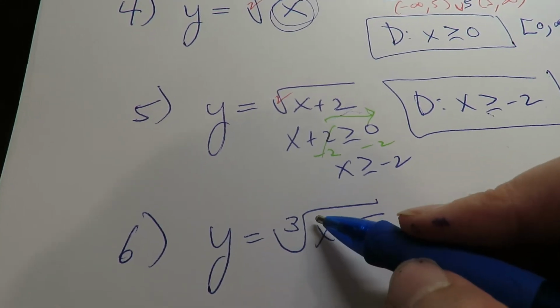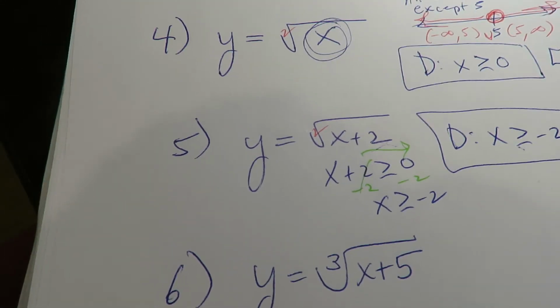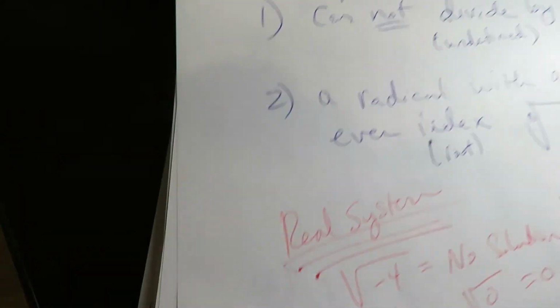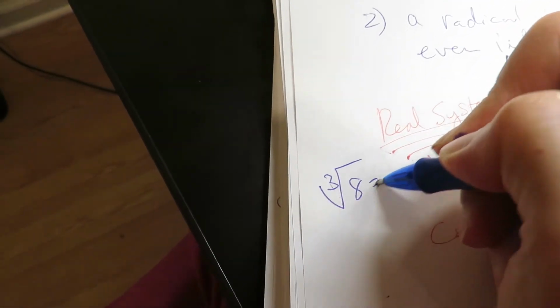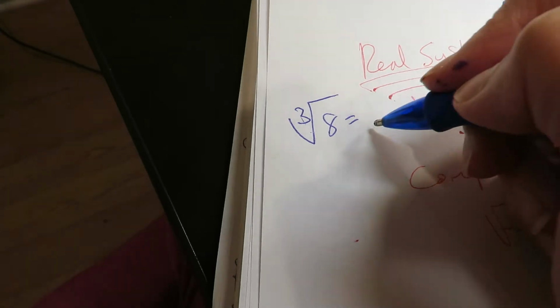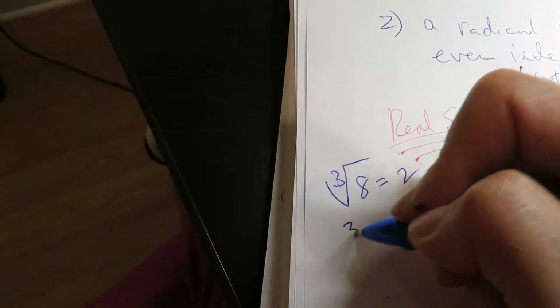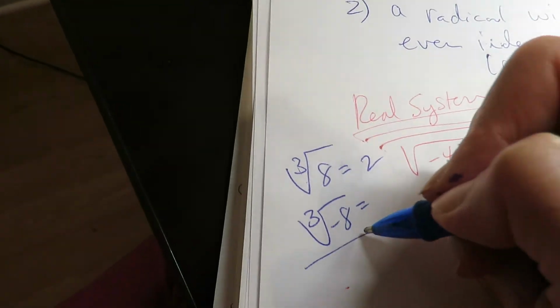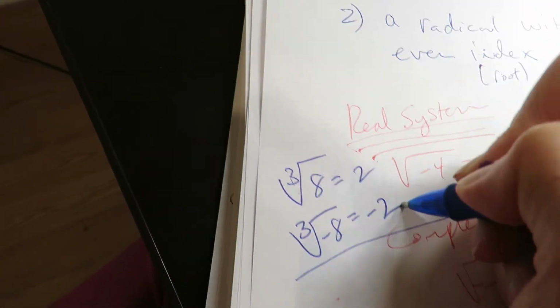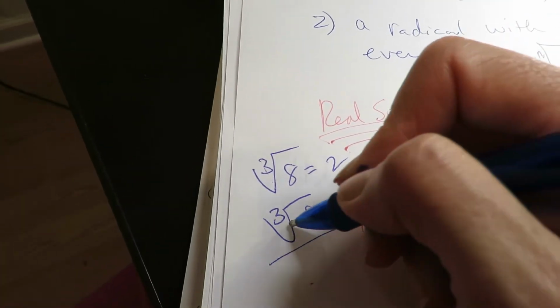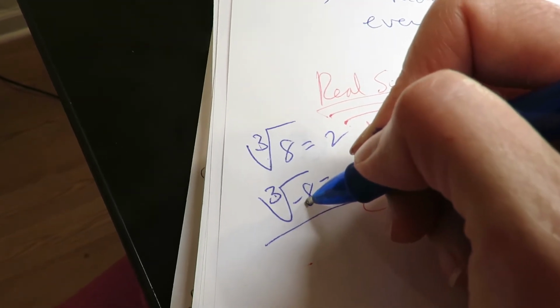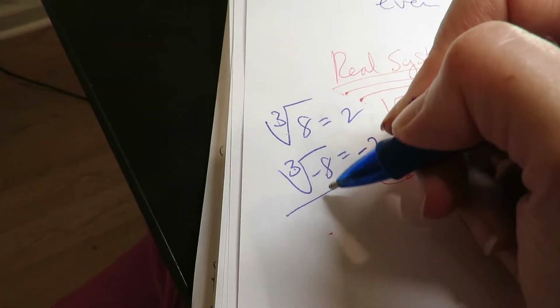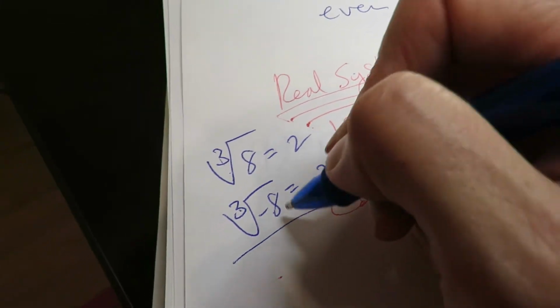All right, now a cube root's a different story, because in the real system, you could, for instance, take the cube root of 8, and that would equal 2. In the real system, you could take the cube root of -8, which is -2. So in the real system, if it's odd, we can use the negative, because an odd amount of negatives will come out as a negative, so we're good.